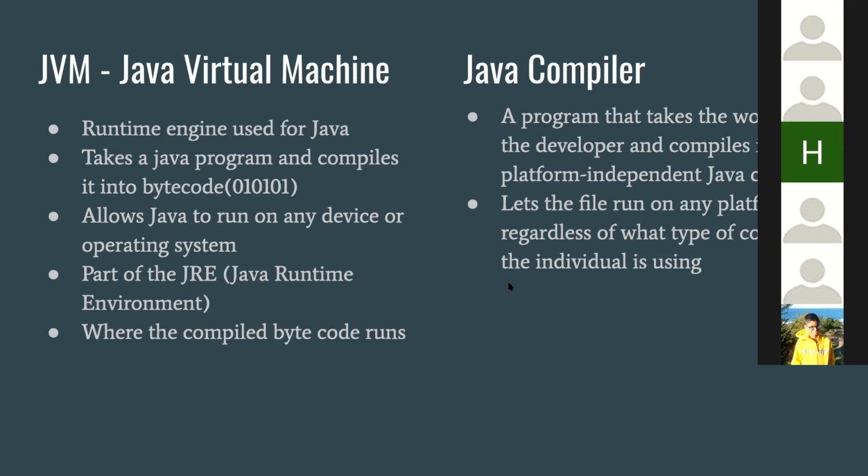Another thing is the JRE, Java Runtime Environment. The people who made Java made it so very specific lines of code and very specific text can be converted into bytecode. You can't just write whatever you want, right? Otherwise coding wouldn't have been as difficult as it is.